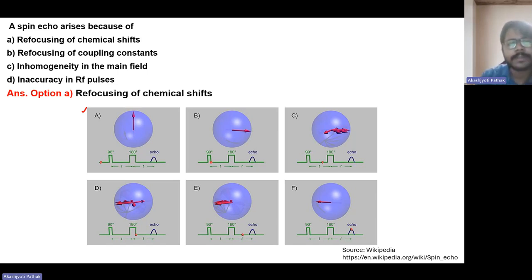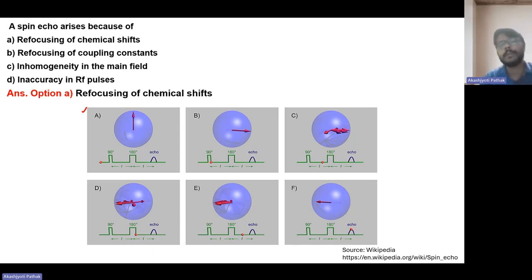Chemical shift is the influence that each of the nuclei experiences because of the presence of other nuclei in its surrounding, right? Because of the different kinds of bonds and different kinds of atoms in the vicinity, their electronegativity and attractive forces, we get different chemical shifts for each of the nuclei.